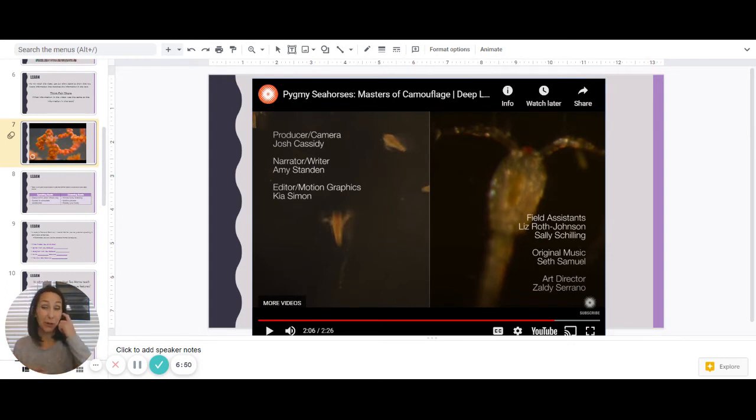I also noticed, at the beginning of the video when it was showing the orange pygmy seahorse, I could see its tail wrapping around the coral, and that was something that this text talked about a lot, how they use their tails to grasp onto things. It also showed the seahorses dancing and then the babies coming out of the pouch of the father seahorse, just like we read about with the barber seahorse.